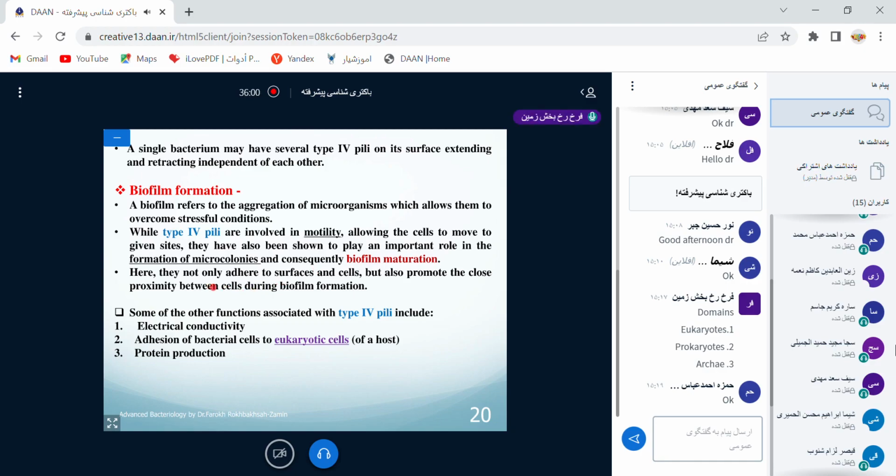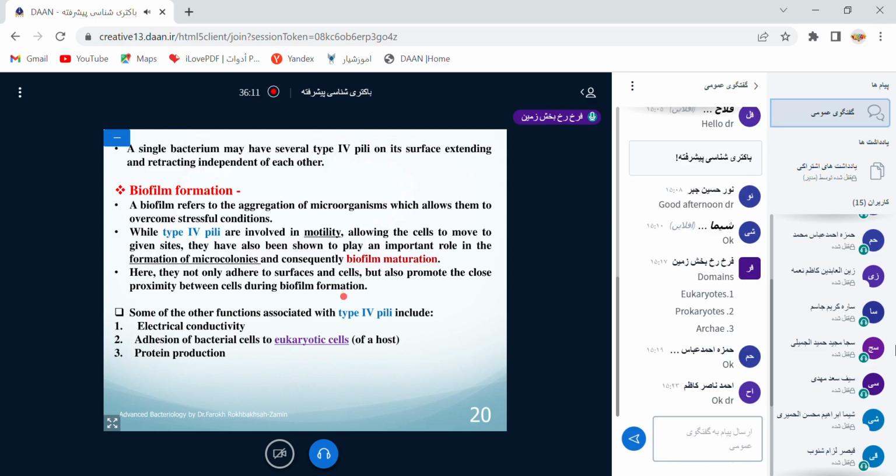Here, they not only adhere to the surface and cells, but also promote close proximity between cells during biofilm formation. Some of the other functions associated with type 4 pili include electrical conductivity and adhesion of bacterial cells to eukaryotic cells. So it is very important. It is invasiveness.